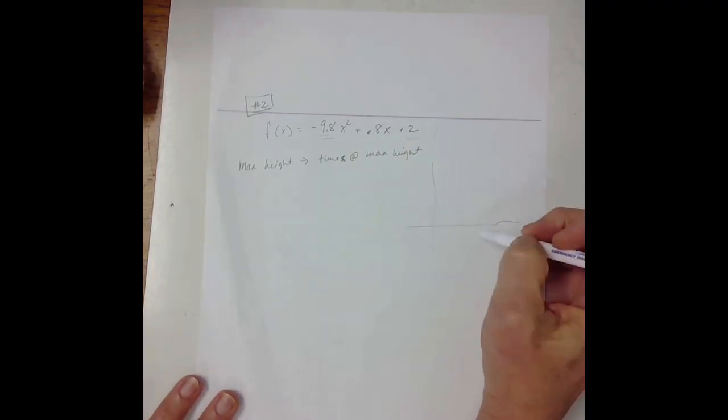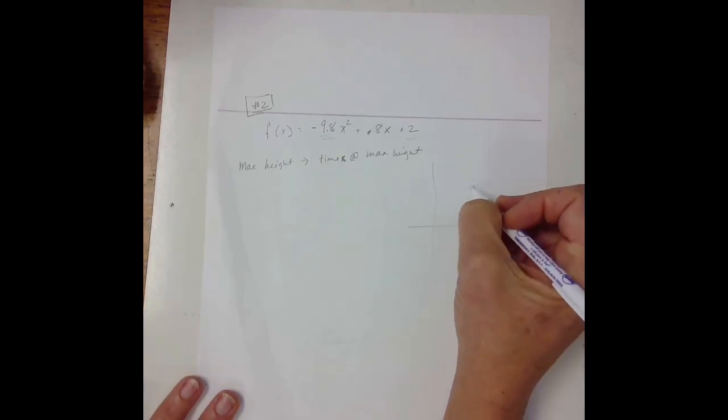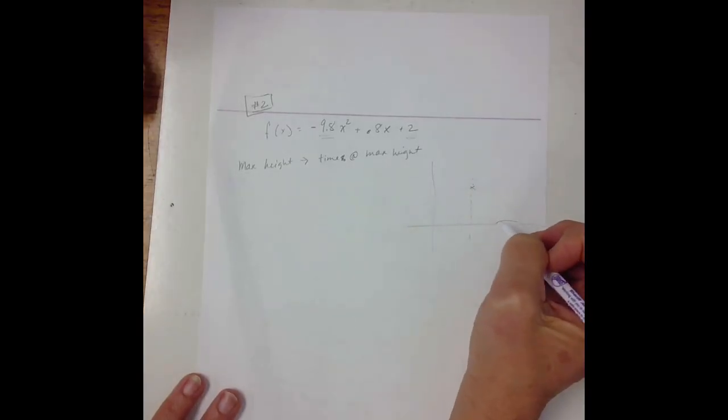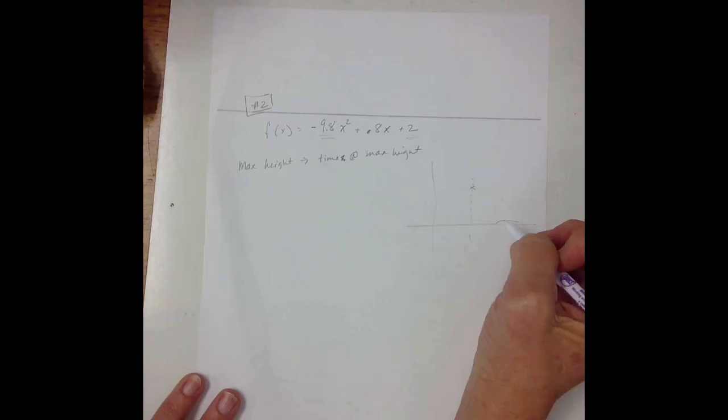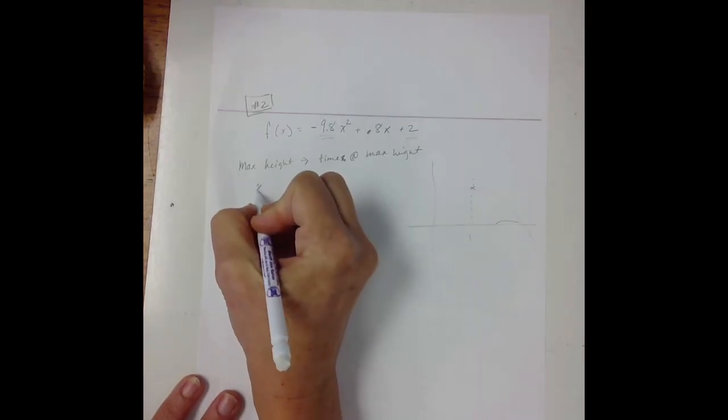If I know I have an inverted parabola, then I'm looking right here to see that this is going to be my maximum height. It's also considered what of your parabola? The vertex. Yep.